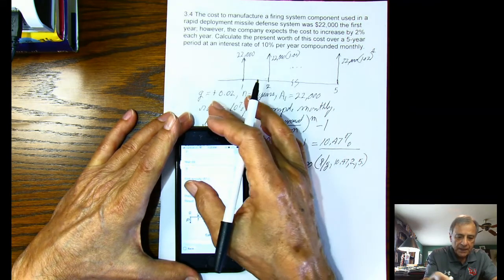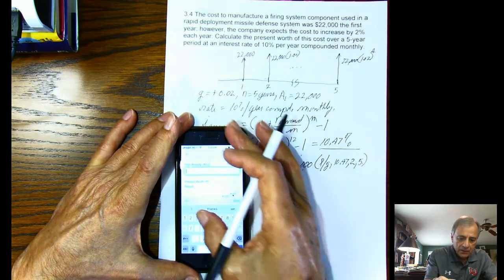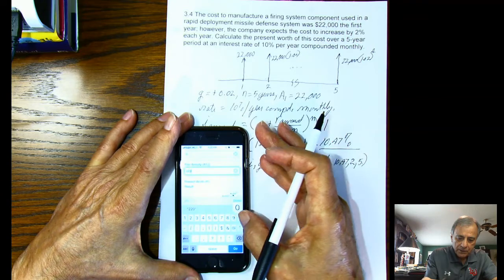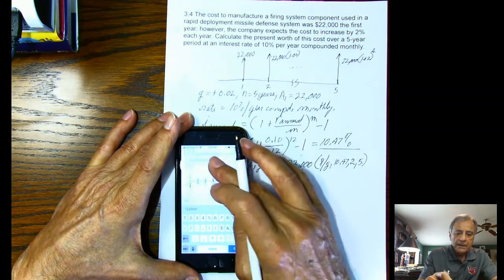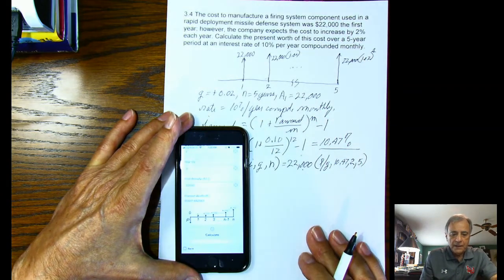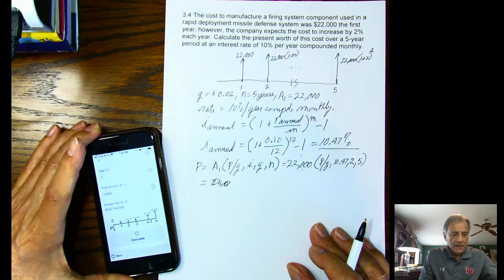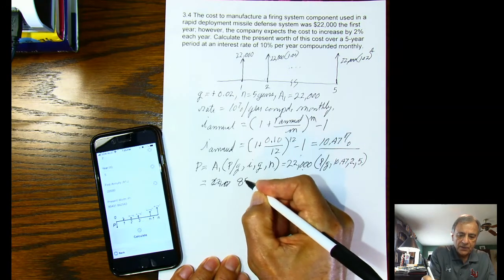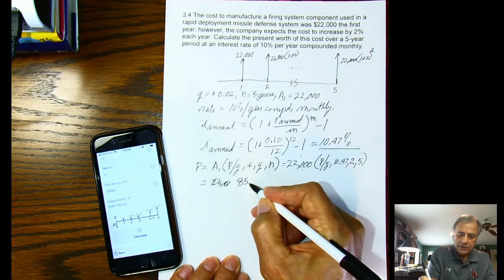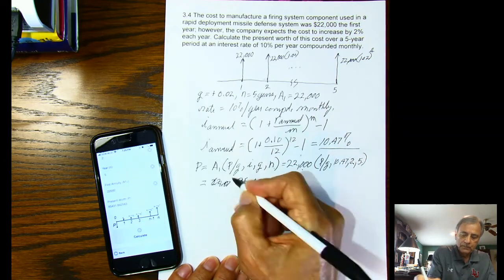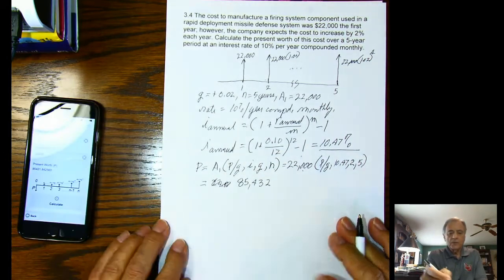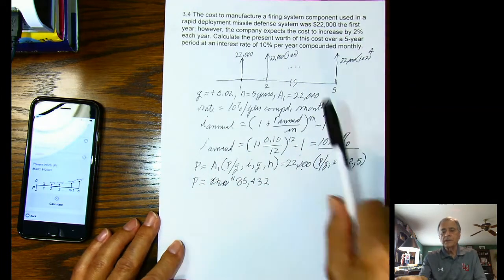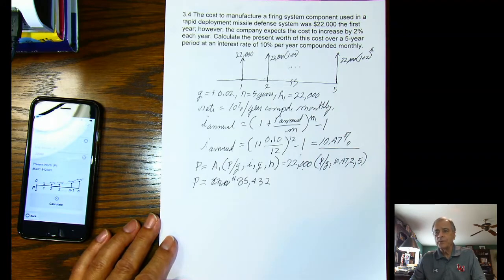Whoops, I need to go back here. 22000. Okay, and then I tell it to calculate, and it gives me $85,432 if I just round off to dollar amounts. So that's the present worth of this geometric series, and that concludes problem number 4.